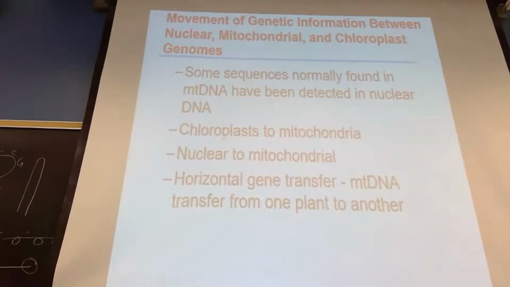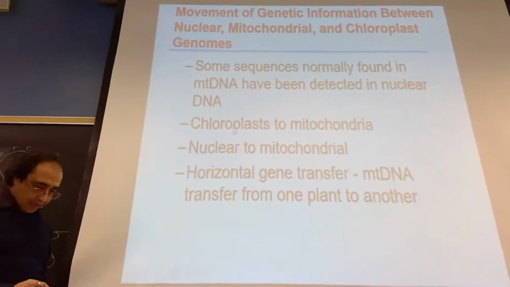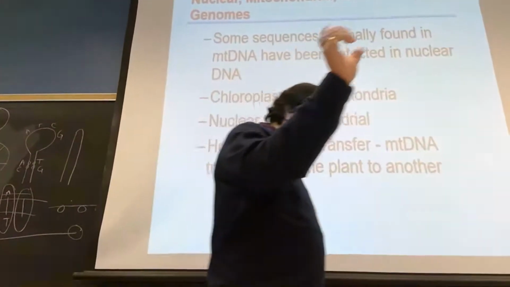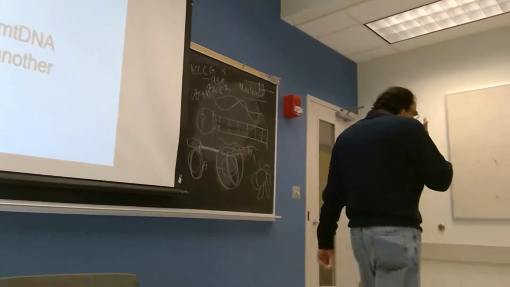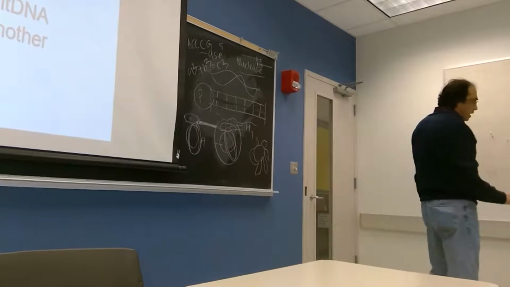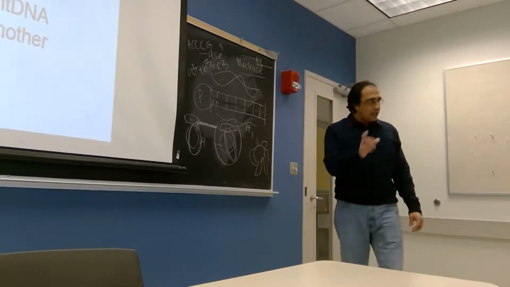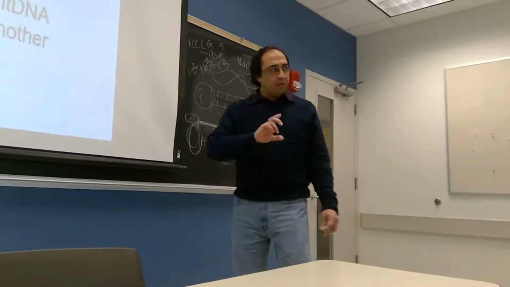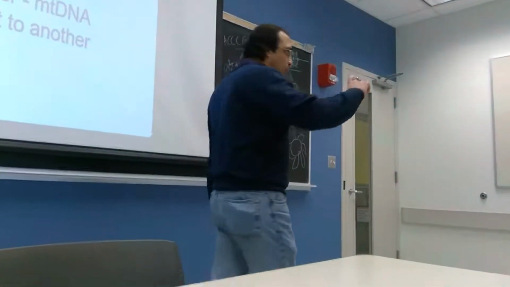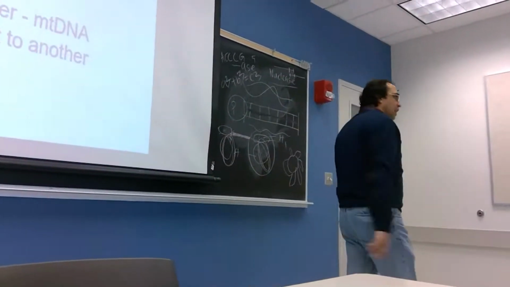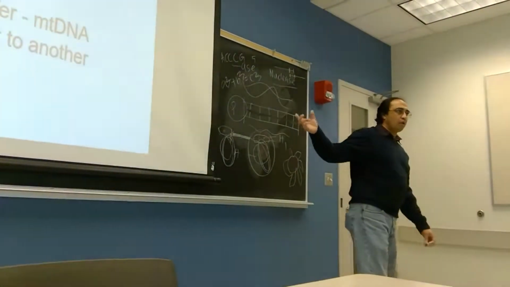Later we will discuss this, which is called a transposable element. A transposable element is a part of a DNA segment which can move from one genome to another genome, from one chromosome to another chromosome, from nuclear DNA to mitochondrial DNA, mitochondrial DNA to chloroplast DNA.